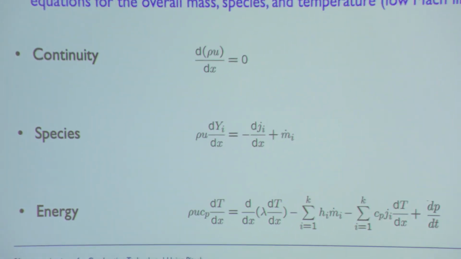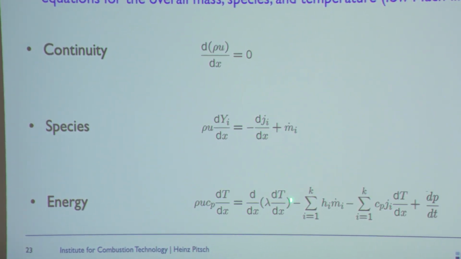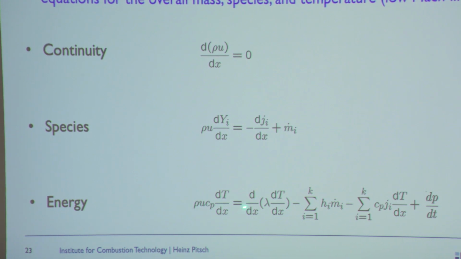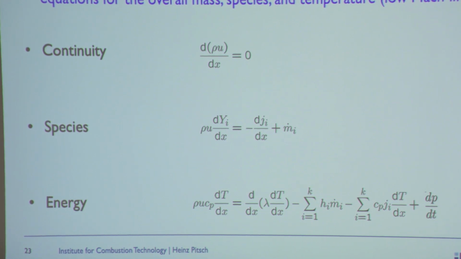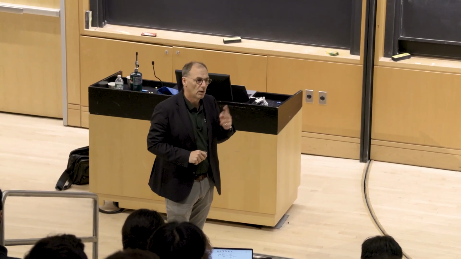If you have a second derivative, then you need 2 boundary conditions, okay? And so this is a second derivative here. We need 2 boundary conditions. What's the boundary condition? We specify the temperature in the unburned. And in the burned, we say the gradient has to go to 0, okay? These are 2 boundary conditions.